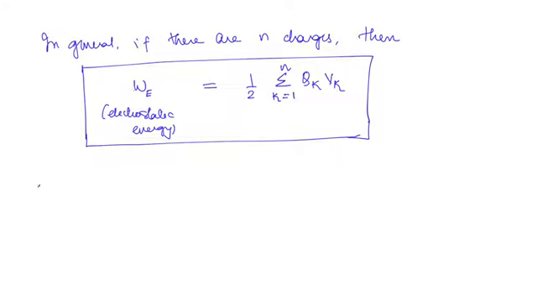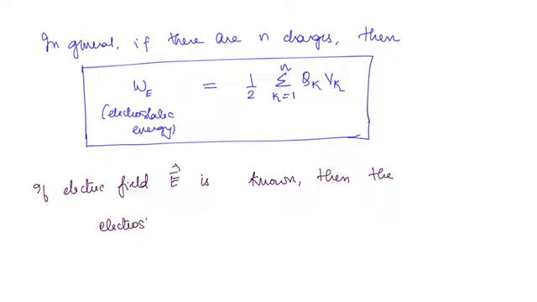If the electric field is known, then the electrostatic energy WE is given by 1/2 integral of D dot E dV. This is a volume integral.